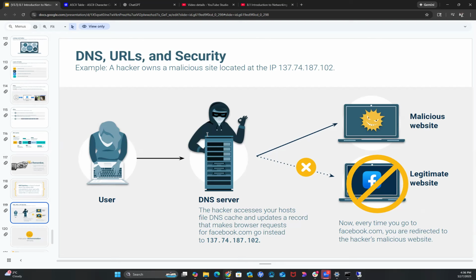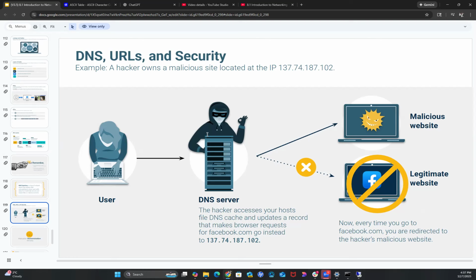Suppose your cache is changed, then your computer never uses the real Facebook. If your office network's DNS cache is changed, the whole office never uses the real Facebook. If they change the ISP DNS, the whole ISP's users don't use the real Facebook. So this is the problem.